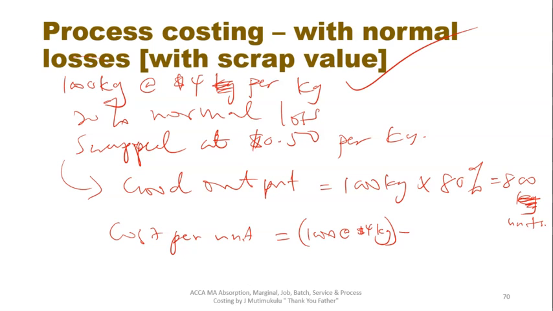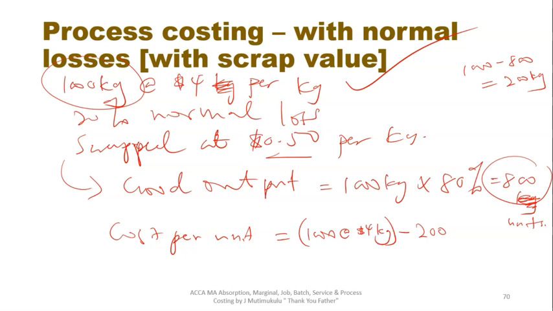The inputs were 1000 kgs, but the output is now 800, so the loss has been 1000 minus 800, which means 200 kgs have been lost along the way. So the 200 kgs are going to be input here, and we are disposing of these 200 kgs at 50 cents.